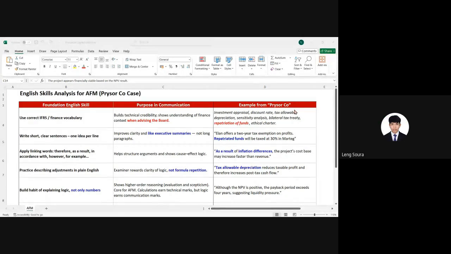You understand? I don't know. Do you mean, Kim, repatriation is you're sending the money, or the profit, back to your own country from a foreign country? Yes, that's right. Can you explain for Sarah again? Sarah, yes, repatriation only means that you're sending the profit back to your home country.